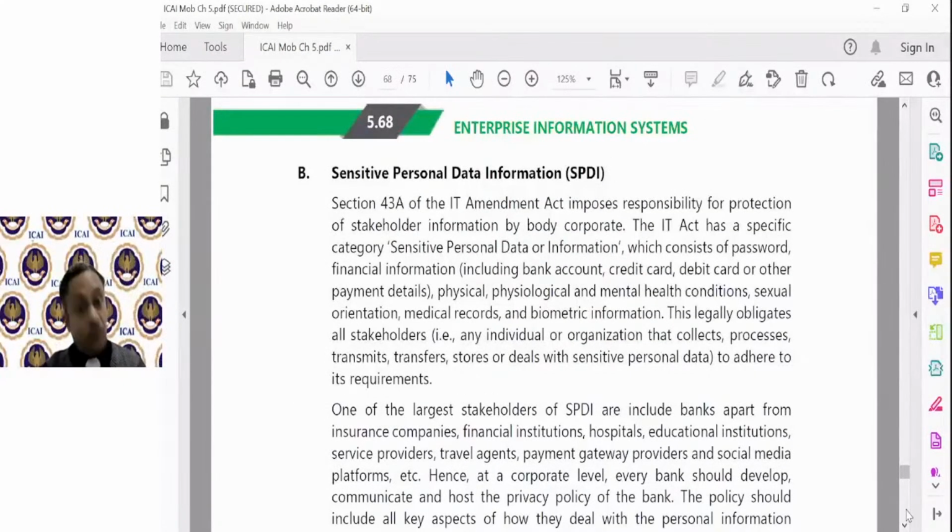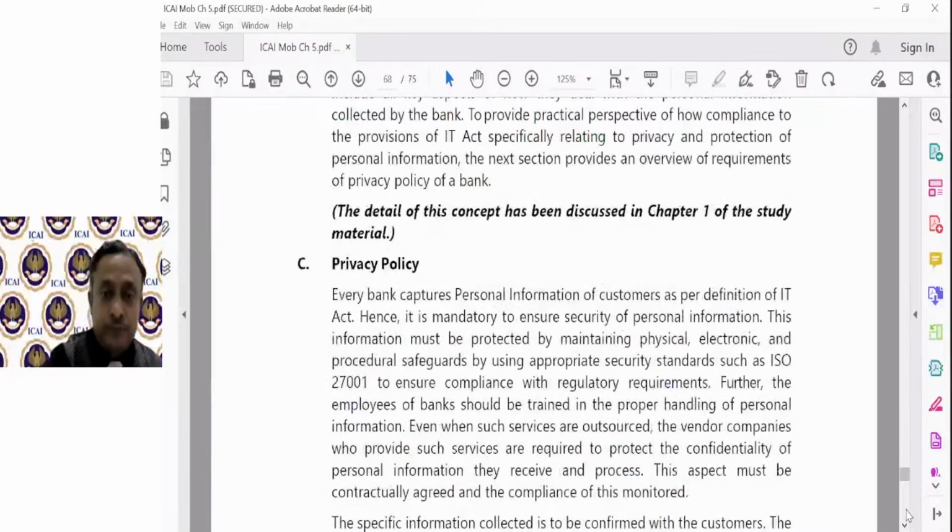Then this is important, 43A, sensitive personal data information. We have talked about that any information that you as an entity hold about your customer, the responsibility of security and control of that data resides with you. Every entity has to have a privacy policy about the data. Every bank, just understand the impact of this.